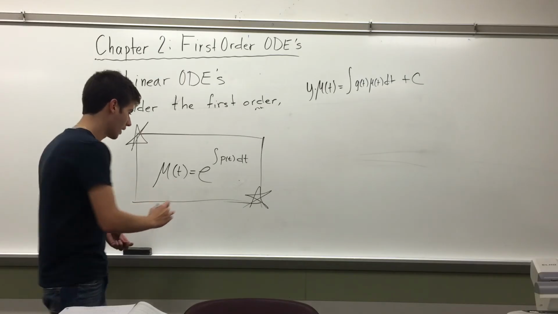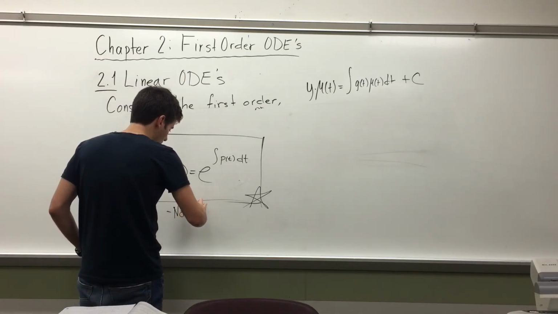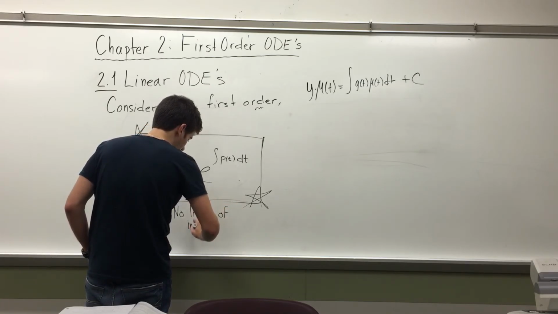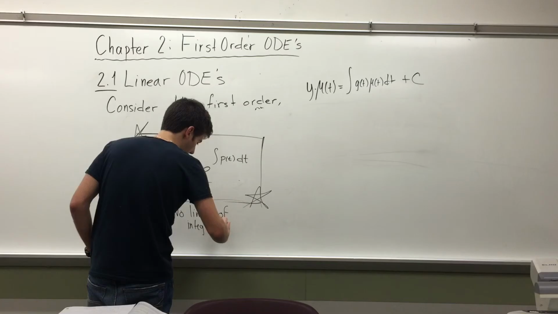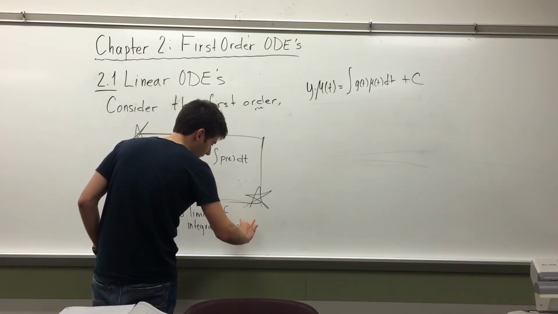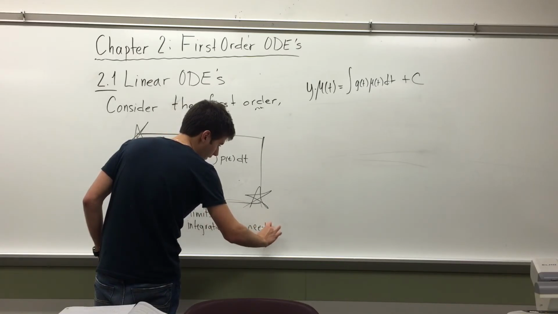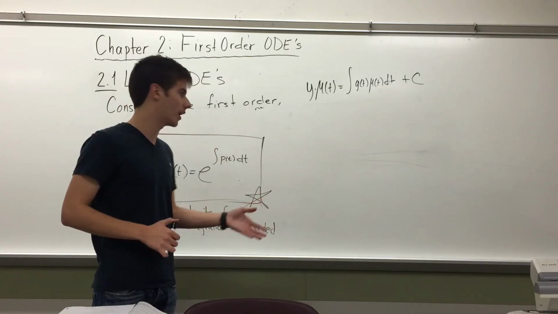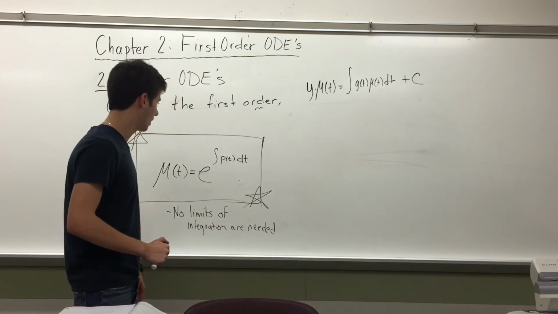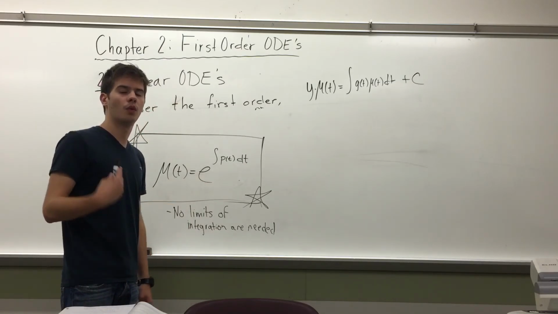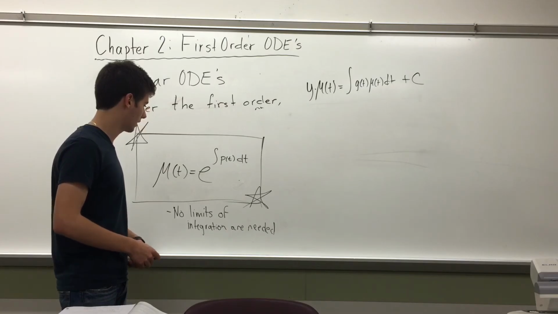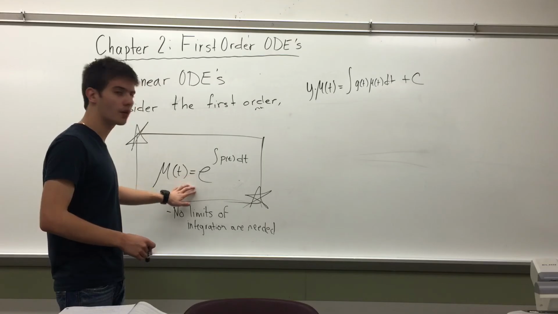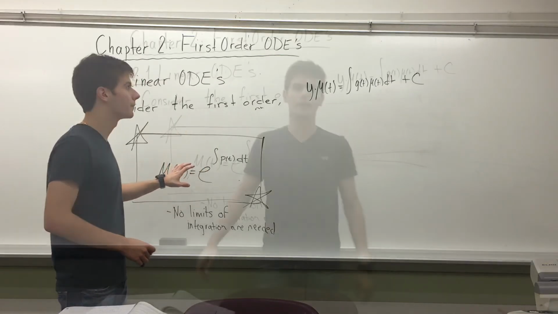This is the integrating factor, and no limits of integration are needed. As we're going to see, the limits go away as we're solving the problem. We don't need to write them, and when we solve examples, it's going to be clear why. Just commit this integrating factor to memory.